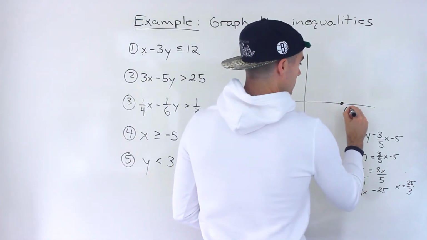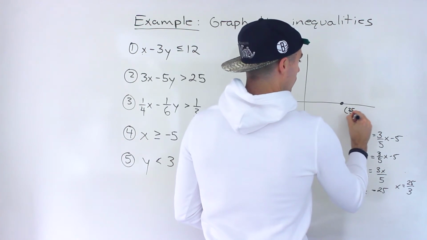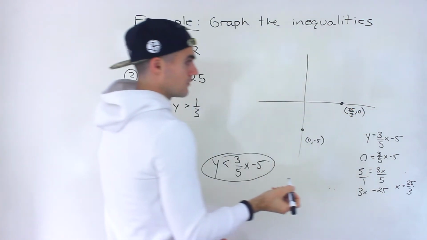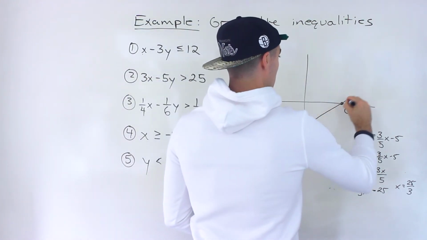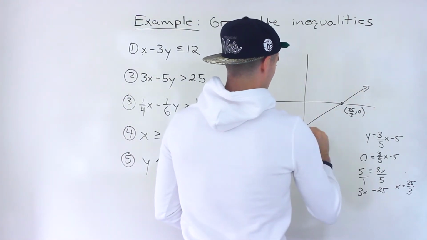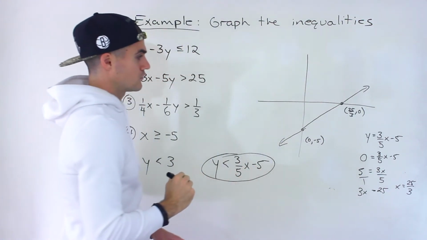So this would be 25 over 3 and 0. That would be the x-intercept. Connect the dots, and we'd end up with that line over here.